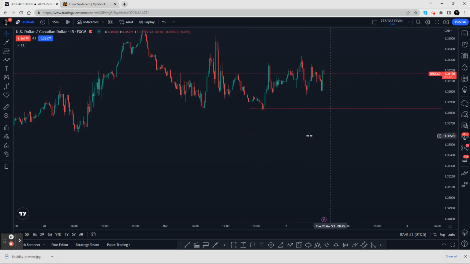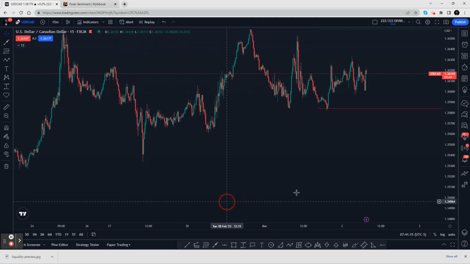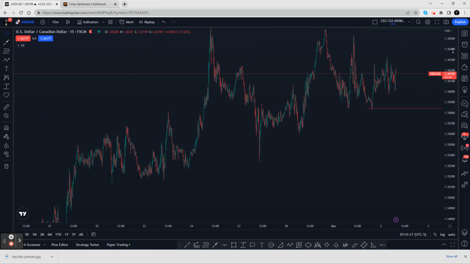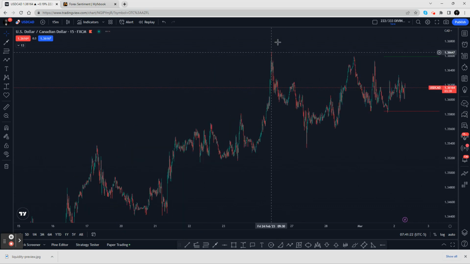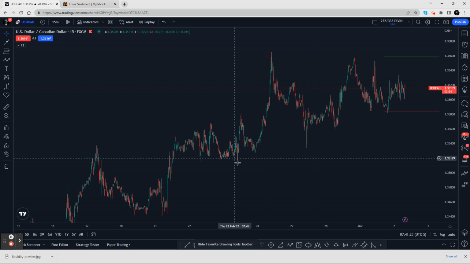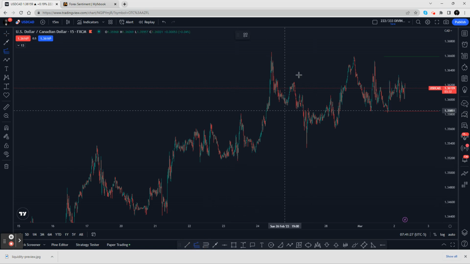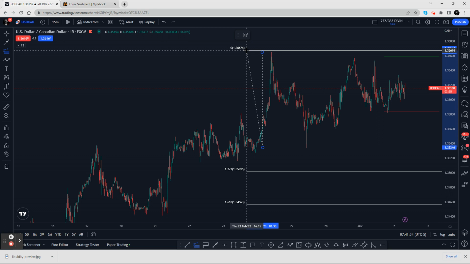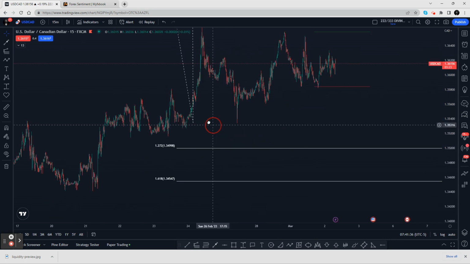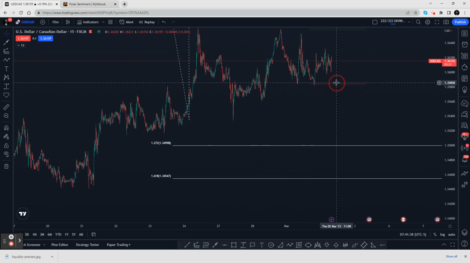If we can violate this area, then we might be looking for some trades that could possibly come down to the downside for the most part. And because we have not violated this area here, we can use it as an area where it could be extension. So I can take my extension tool down to this level, bring it back down right here, and these will be the downside targets if we break this.